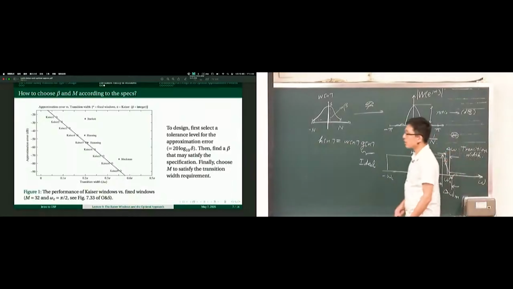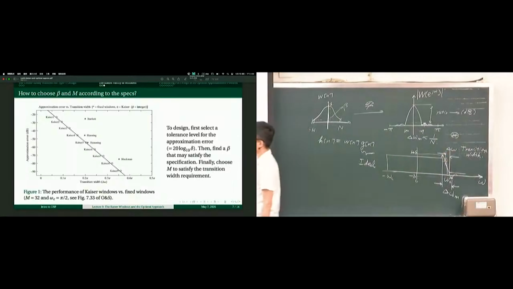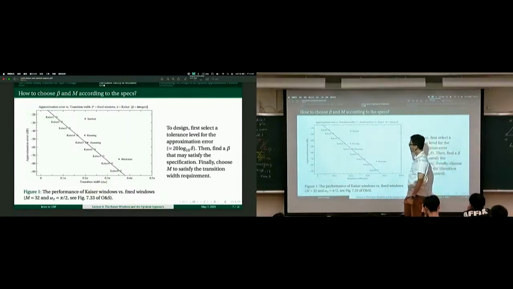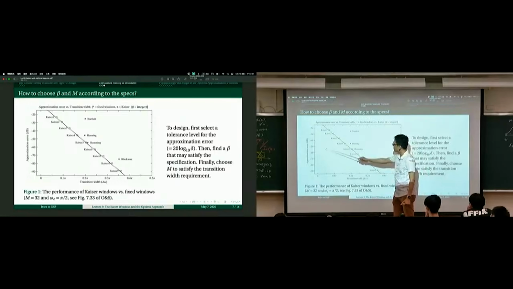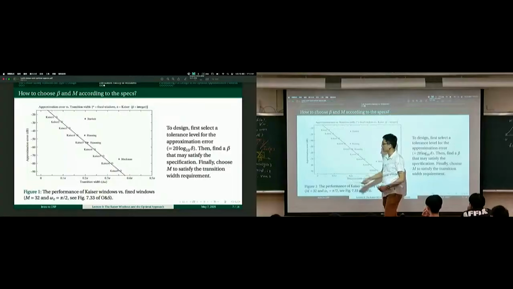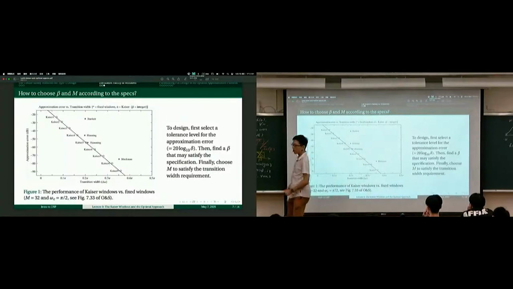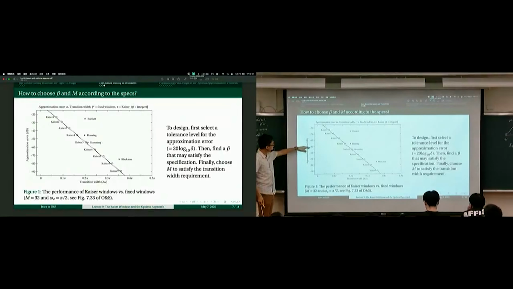For example, if the specification is that you want the ripple to be minus 50 dB, given by your client or by your own desire, you're designing your own filter and you want that error to be controlled to lower than minus 50 dB.